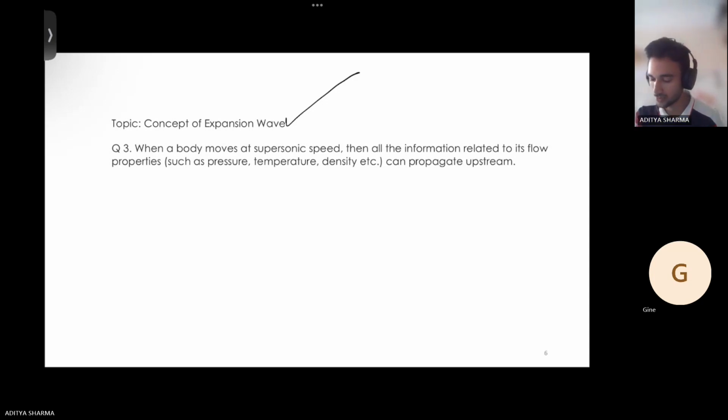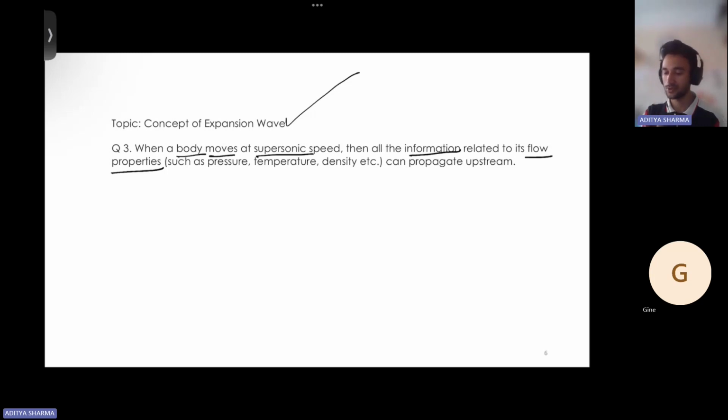So the question says we have a body, it is moving with some speed that is supersonic, right? Then the question says all the information related to its flow properties.